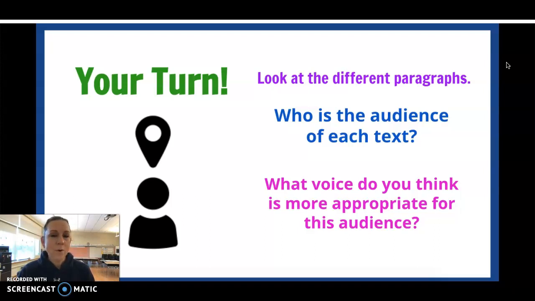And then what voice do you think is more appropriate for this audience? Once you figure out who the audience is, figure out which voice, the informal or the formal voice, is more appropriate for this audience. Go ahead and pause. Take a look at that, and then come on back and we'll go over it.